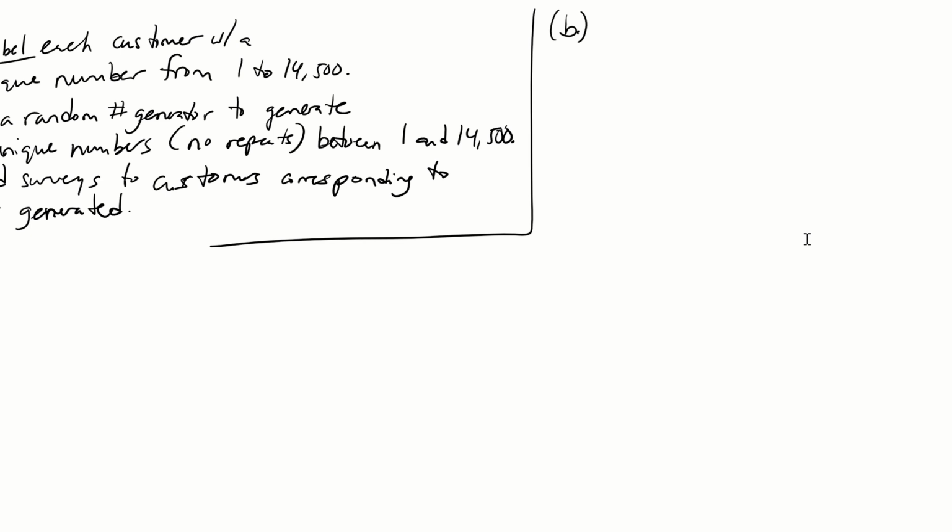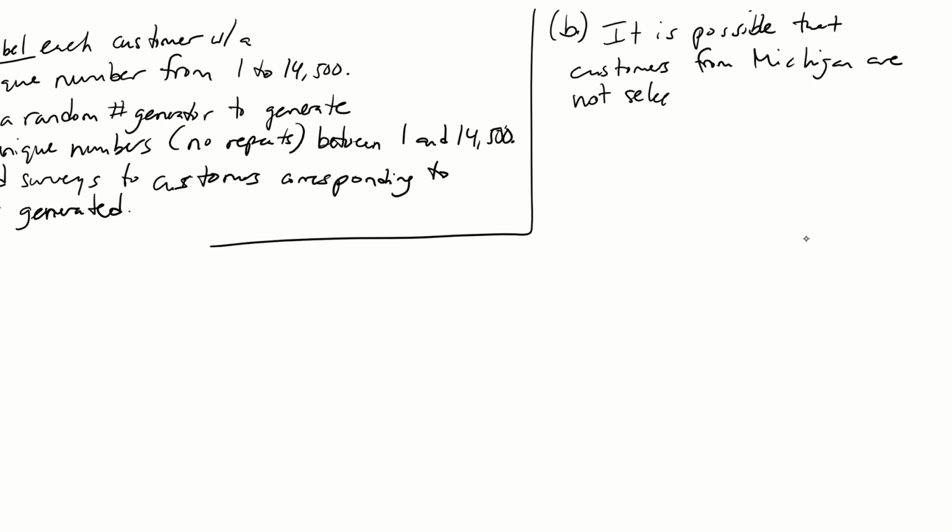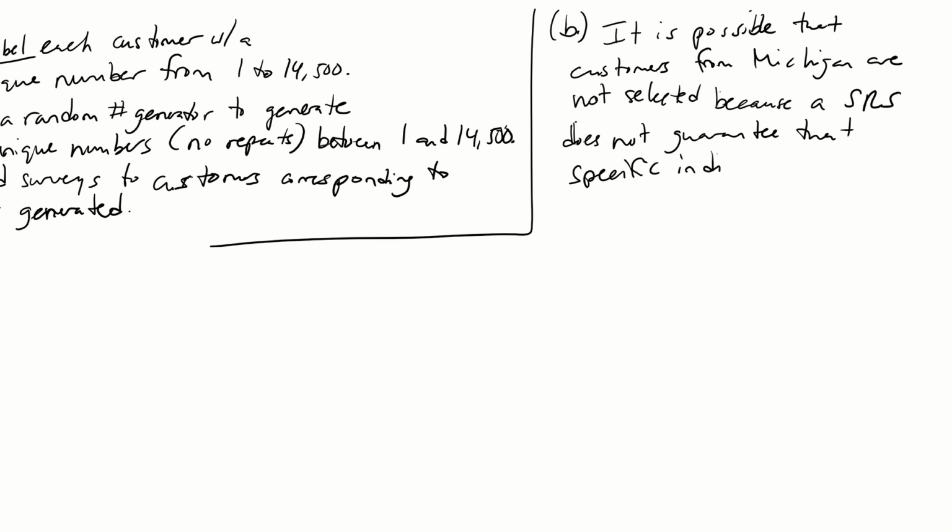So here, it is possible. So we're going to say yes, it is possible that customers from Michigan are not selected because a simple random sample does not guarantee that specific individuals are selected.